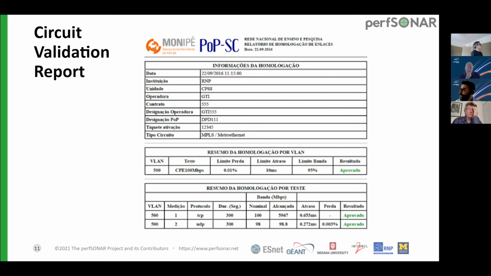It's not as standard as we would like, we have around 20 different templates, but the idea is to convert to a single testing checklist that could validate all types of circuits in an easy way. So currently we're working on that. And the idea is that you could also customize our testing procedure, but mainly we have a long-running TCP, long-running UDP, and some short tests for verifying some known issues.